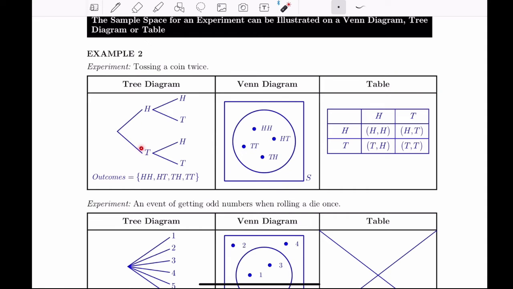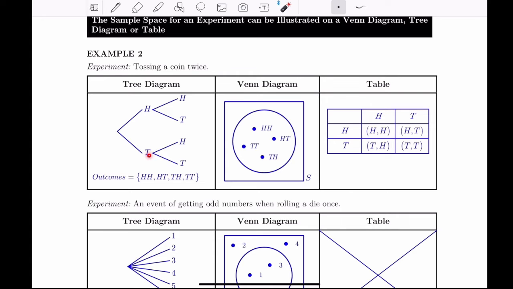But that is just for the first toss. So we have to toss the coin twice. So for the second toss, if the first toss we get a head, there will be 2 possible outcomes. It's either getting a head or getting a tail. The same happens when we get tail in the first toss.